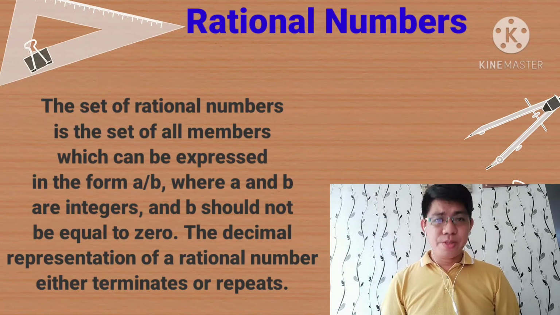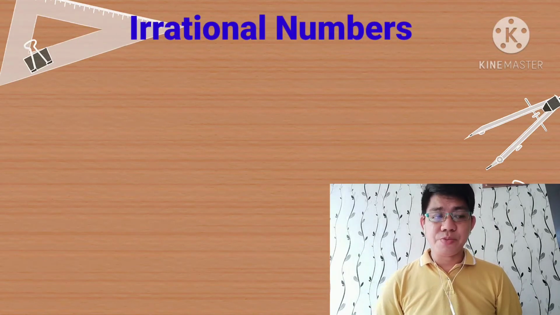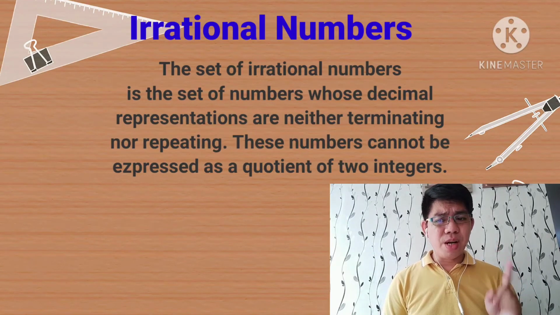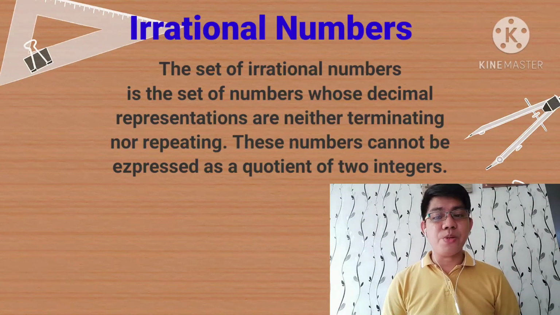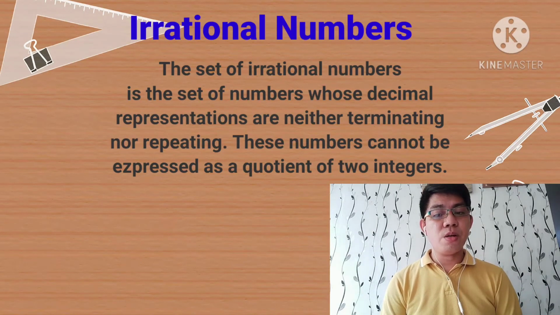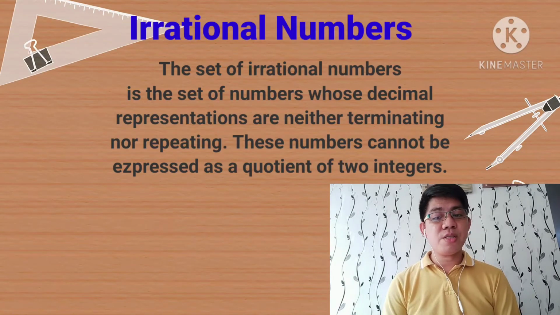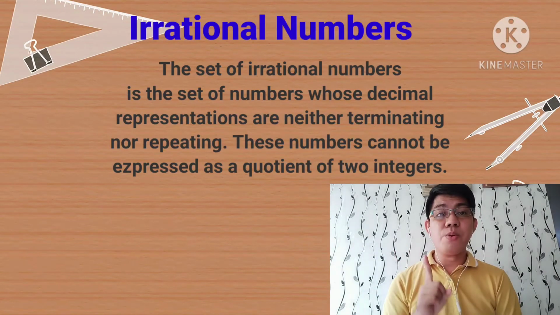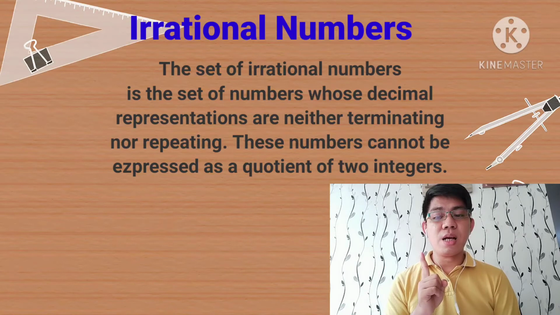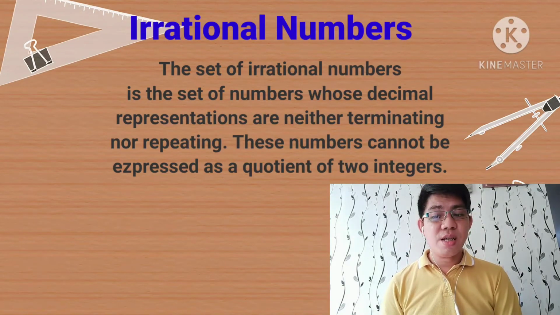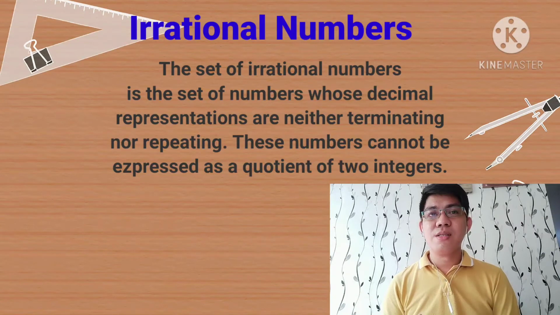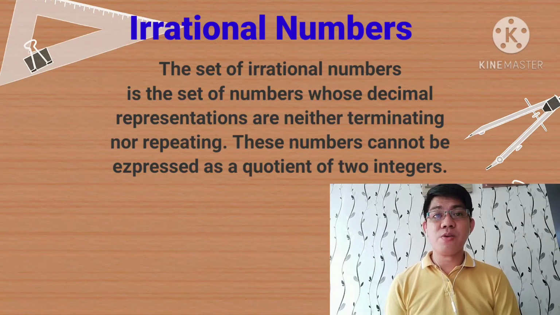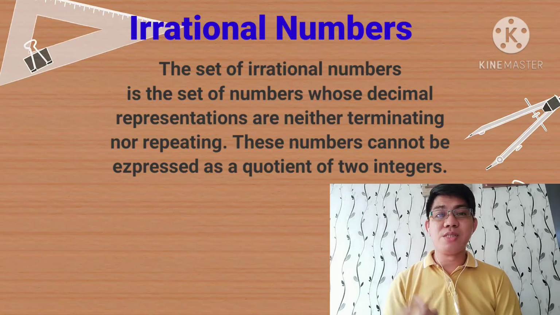Next natin is what we call irrational numbers. The set of irrational numbers is the set of numbers whose decimal representations are neither terminating nor repeating. These numbers cannot be expressed as a quotient of two integers, yung A over B. Hindi siya ma-express as a fraction.